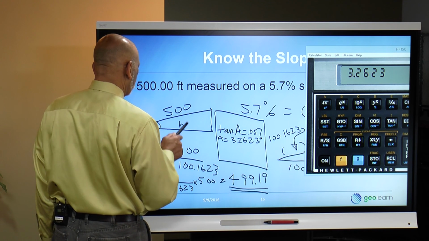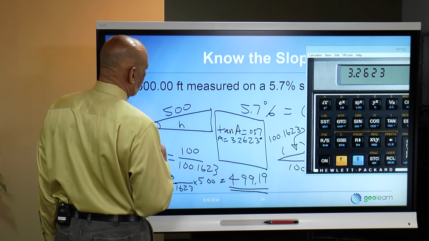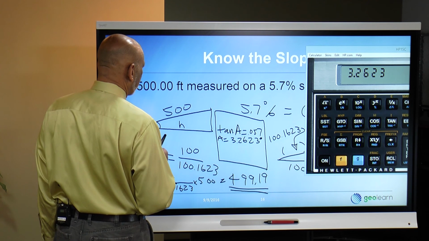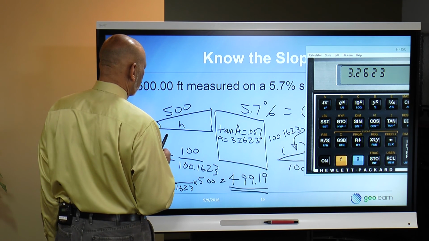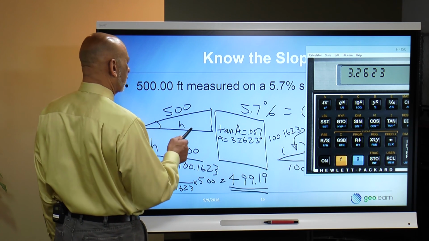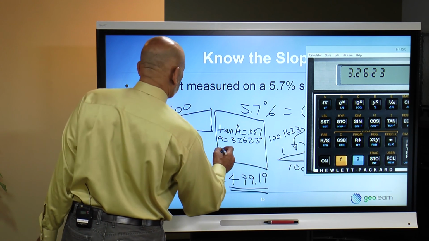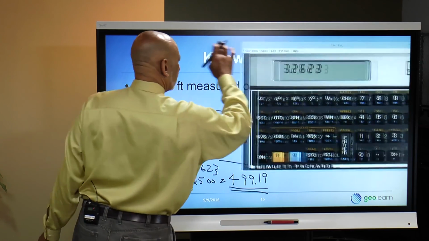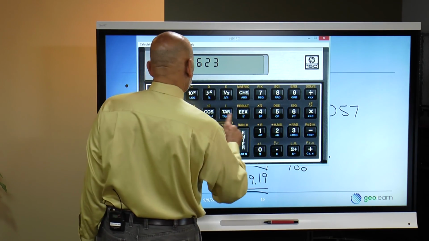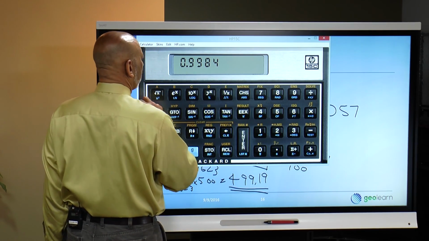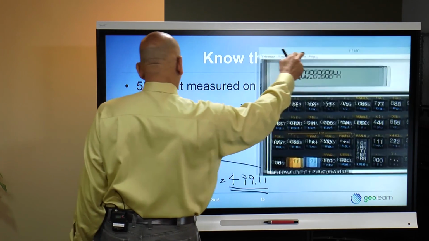Well, if you remember SOHCAHTOA, I talked about that earlier, the cosine is equal to the adjacent over the hypotenuse. So now you take the cosine of this angle, and I get 0.9984.